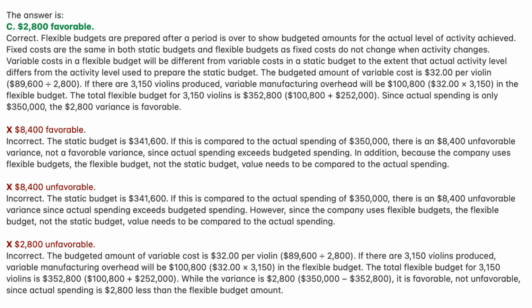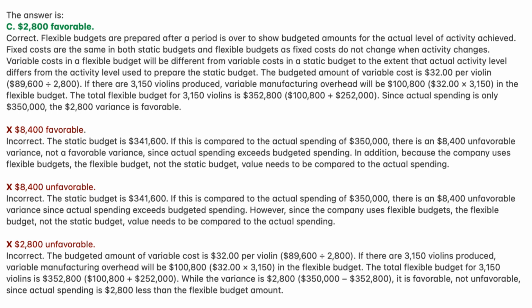Correct. Flexible budgets are prepared after a period is over to show budgeted amounts for the actual level of activity achieved. Fixed costs are the same in both static budgets and flexible budgets, as fixed costs do not change when activity changes. Variable costs in a flexible budget will be different from variable costs in a static budget to the extent that actual activity level differs from the activity level used to prepare the static budget.